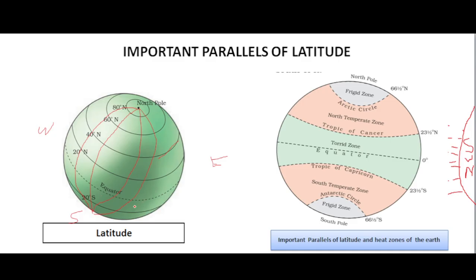You can see these are semicircles and these are called the meridians of longitude. Okay, so however on some maps they appear as east-west and north-south lines. With the help of these lines we can determine the position of any place on the surface of the earth.